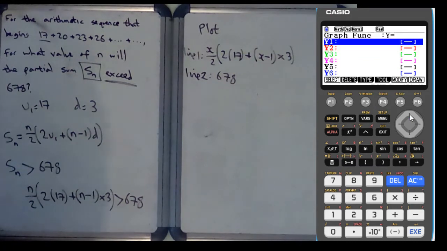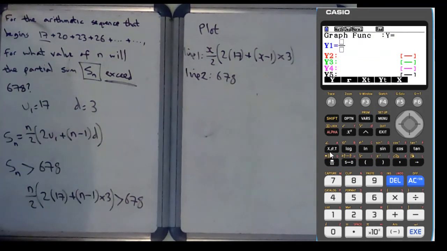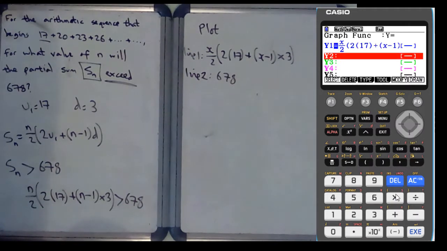So the first one is x over 2, open the bracket, 2 times 17, plus, in brackets, x minus 1, close the bracket, and times 3. That's got the right amount of brackets, I think. Handily, this calculator color codes for you, which helps a lot. The other one is just 678.